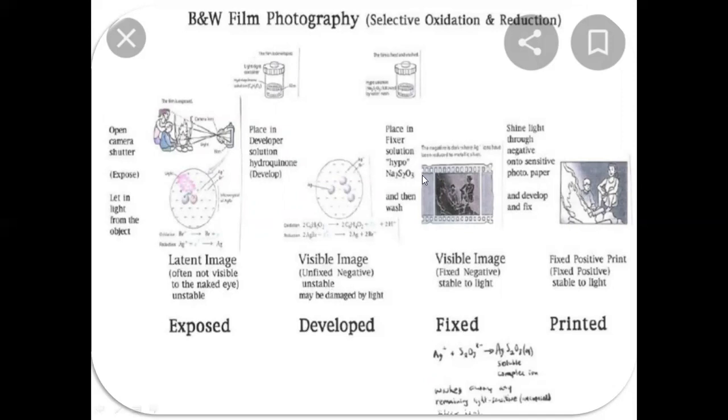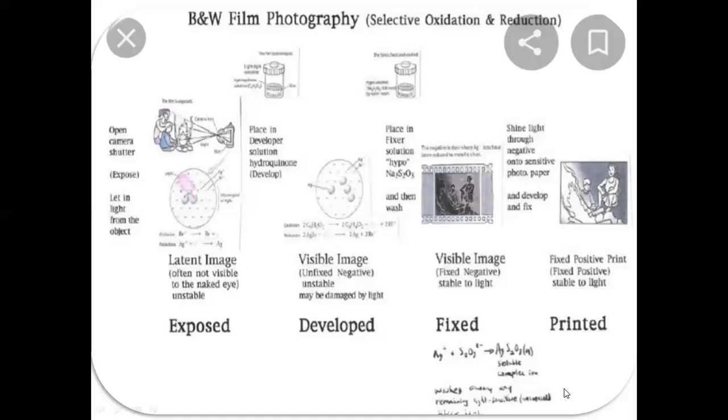You can see after dipping it in the fixer, the image is visible, and then the print of that image is taken. That is actually the developed picture. So this is all about the photographic film, and you can see that an oxidation reduction reaction takes place in this case as well.